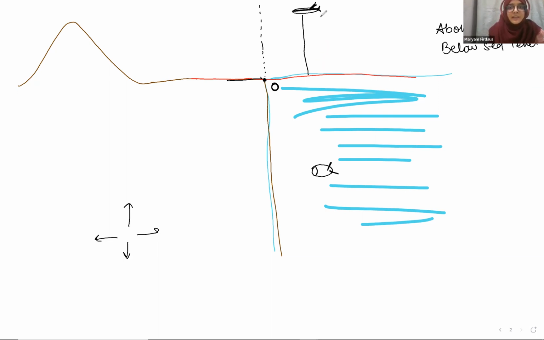All that you know is that the airplane is 1,500 meters above sea level, and the submarine is, let's say, 2,300 meters below sea level. What is the distance between them?